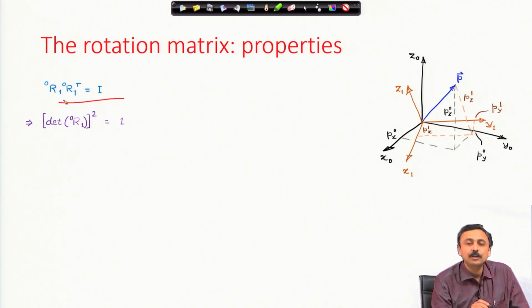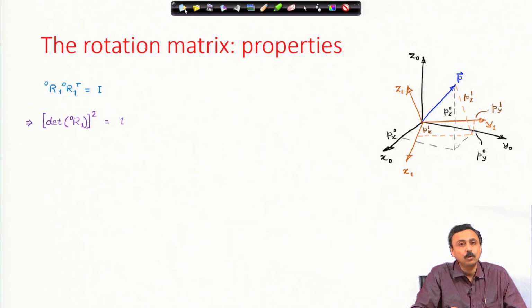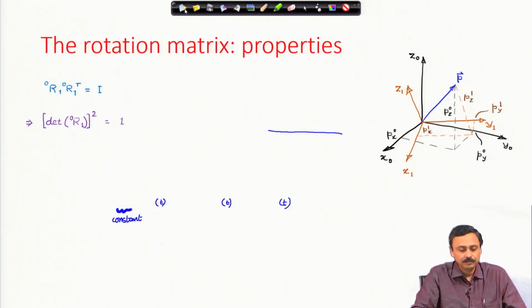If I take the determinant of this equation, then on the left hand side I have determinant of R from 1 to 0 whole squared, because the determinant of a product of two matrices is equal to the product of their determinants, and the determinant of the transpose of a matrix is the same as the determinant of the matrix itself. On the right hand side the determinant of identity is 1.